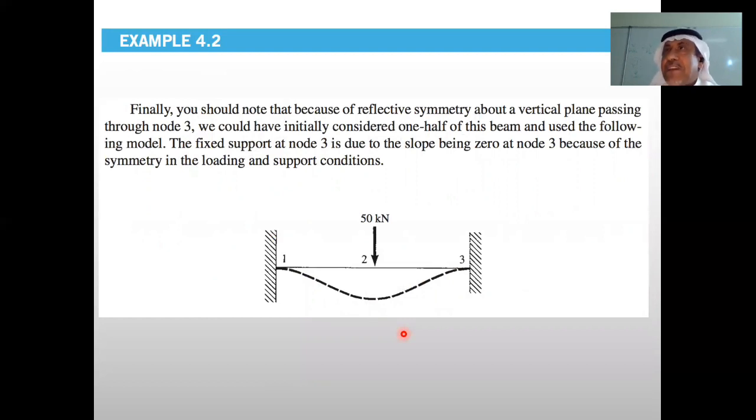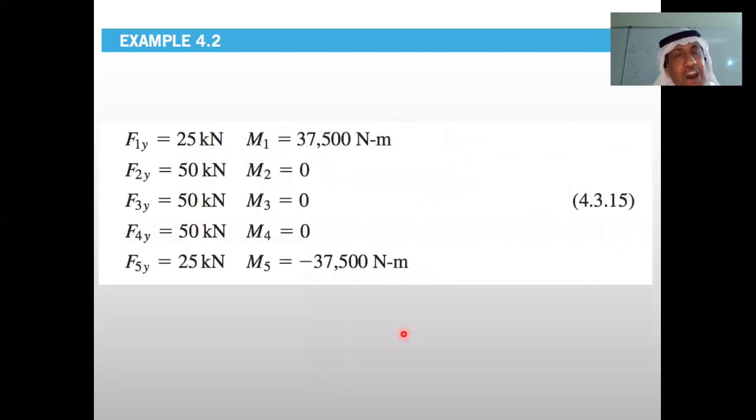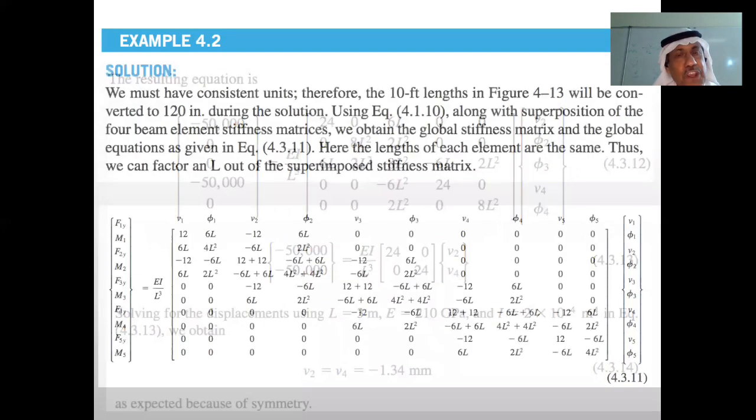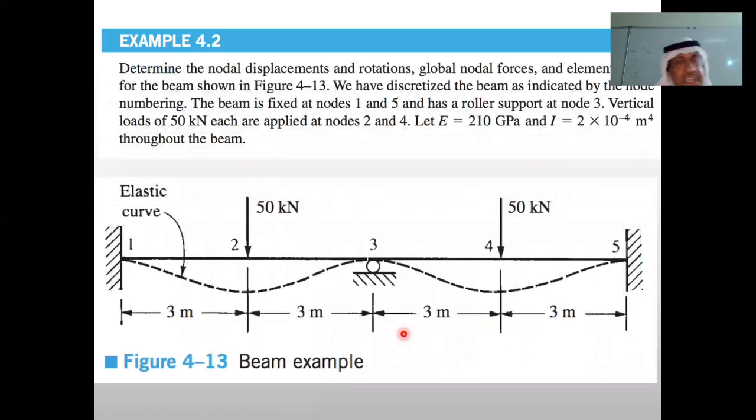Look, symmetry. This is the same problem, but you are using symmetry. How do you use symmetry here in this problem? You see, because of the mirror image here, 50-50, fixed. So you can use this part. So what are you going to do on this node 3?